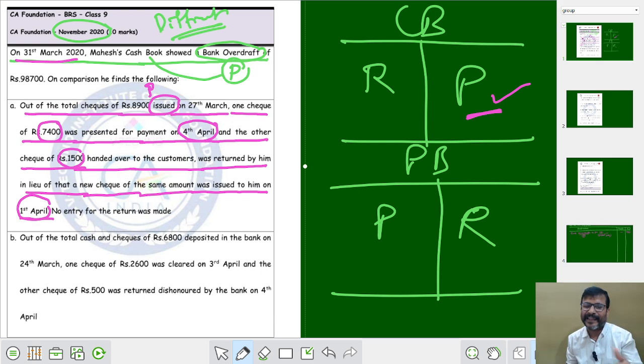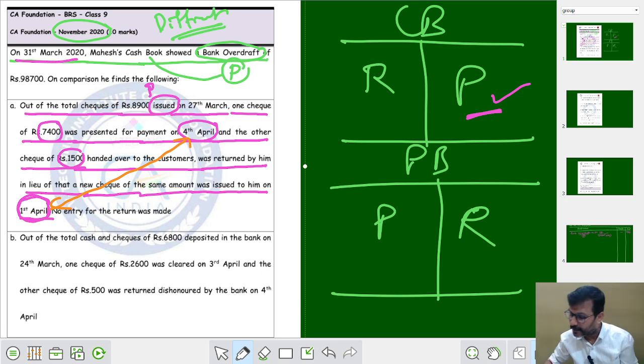In lieu of that, in exchange for that, we have given one more new check, issued on 1st April. It means both the things did not happen in the month of March. So we can say that no payment in passbook in March.